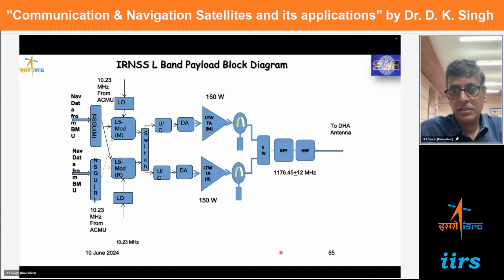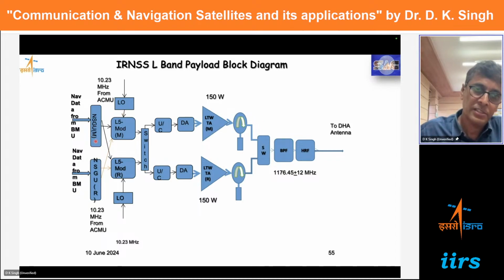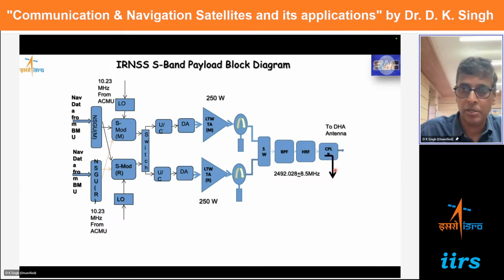Now this is the simple view of the navigation payload. On board, we generate the signal and transmit it through a high powered transmitter over India and about 1500 kilometers beyond our border.